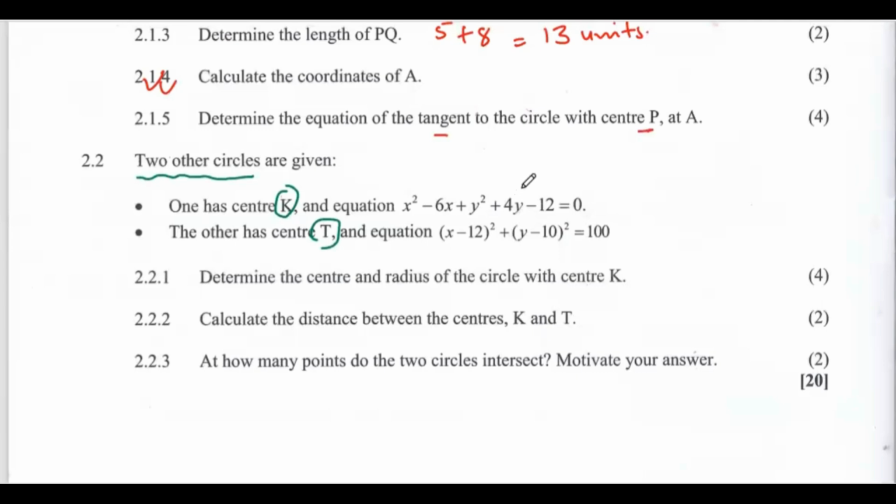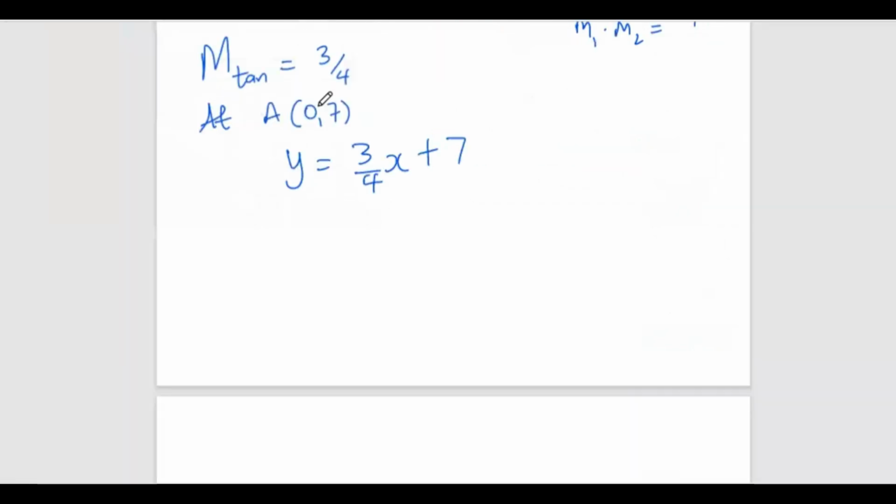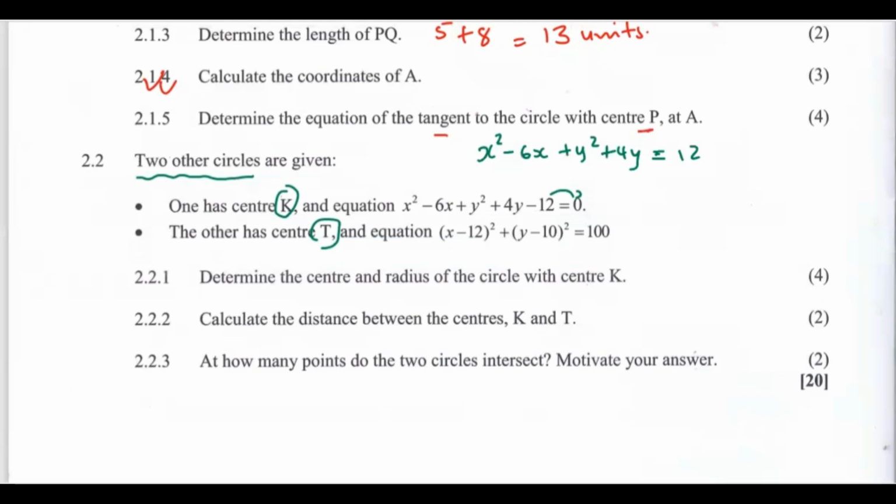I don't know how one would approach this, but I would always prefer moving the 12 to that side. So I'll have x squared minus 6x plus y squared plus 4y is equal to 12. This is 2.2.1.